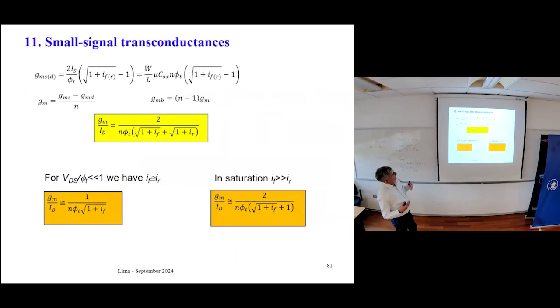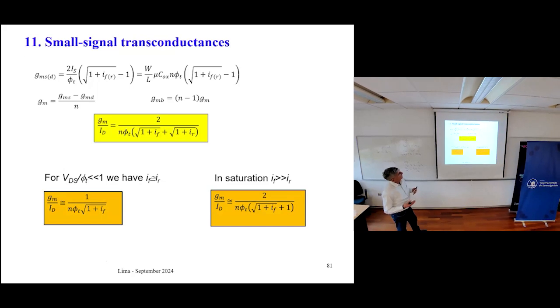I can give another set of expressions for GMS and GMD using the relationship between charges and currents. I use this.